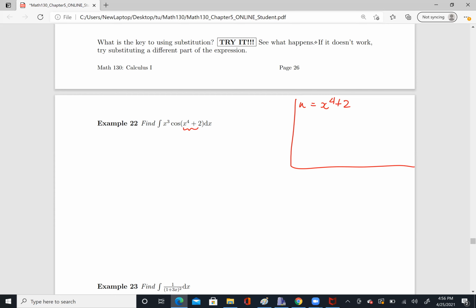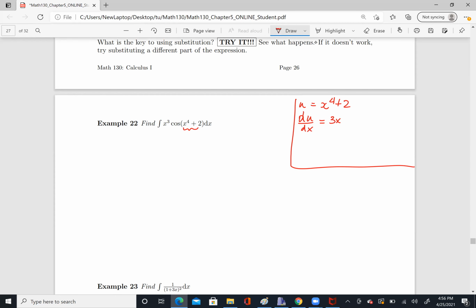And if you take the derivative of that, let's say du dx, you will have what? 3x squared. Sorry, 3x cubed. Okay.